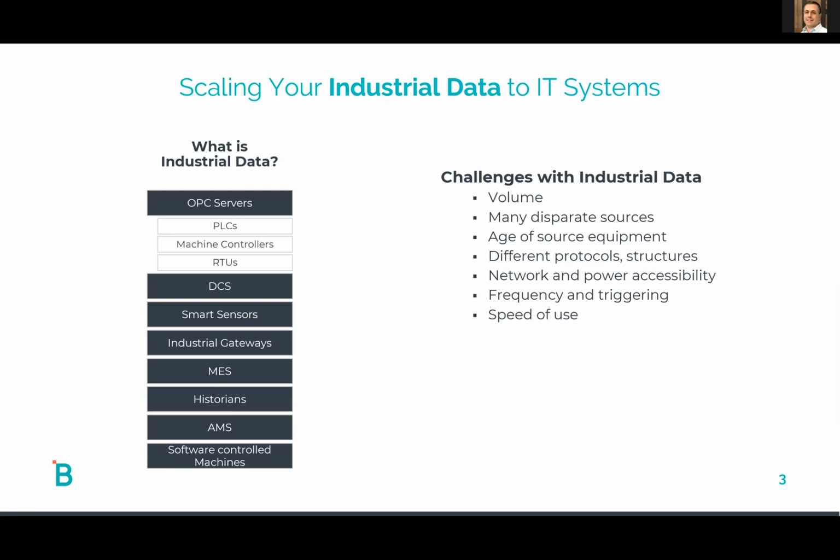The age of machinery and the variety of vendors of automation equipment also results in many different device protocols, which each have their own unique data structures. These data structures must be combined from multiple disparate sources, each of which have different update frequencies and triggering mechanisms.